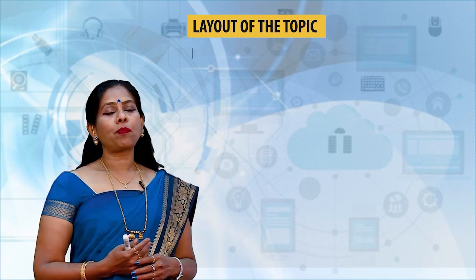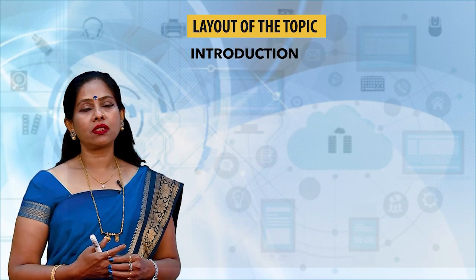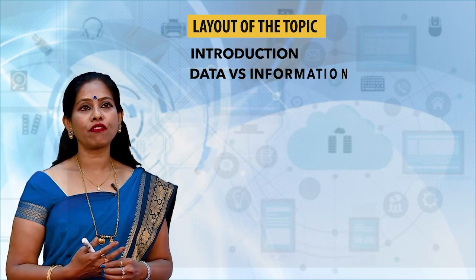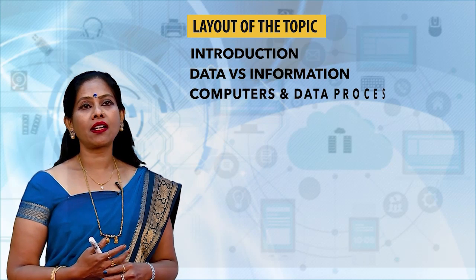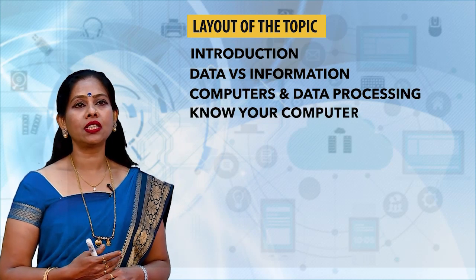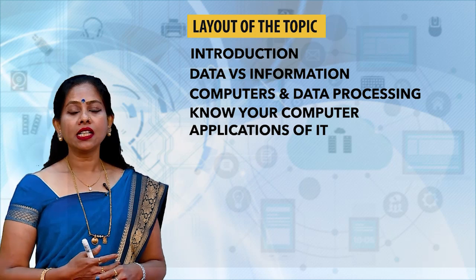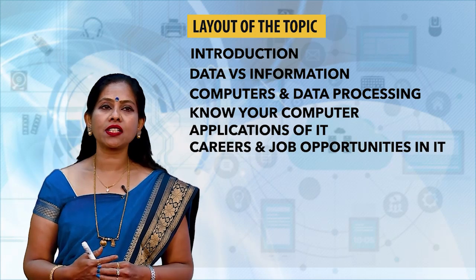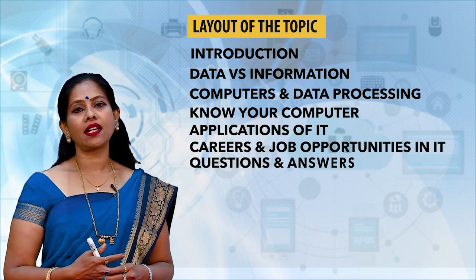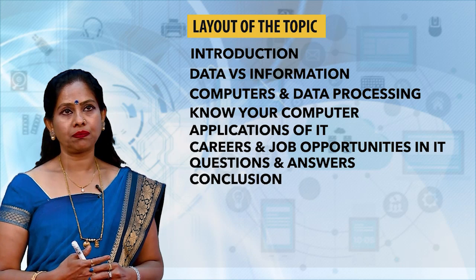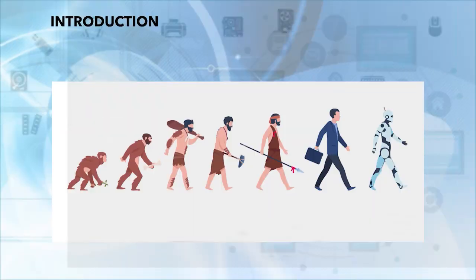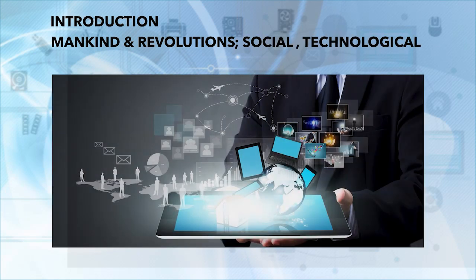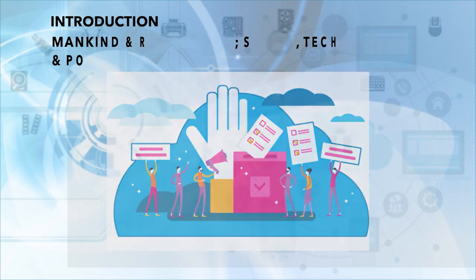The layout of the topic is introduction, data versus information, computers and data processing, know your computer, applications of IT, careers and job opportunities in IT, question and answers, and then conclusion. Introduction: mankind and revolutions, that is social, technological and political.